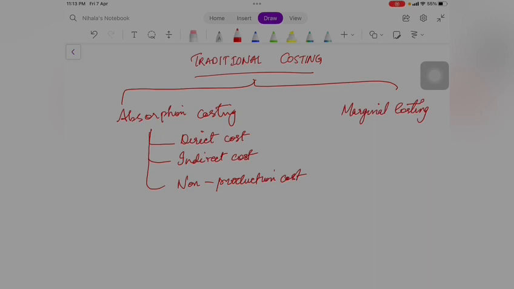This is basically the type of cost which you use to support your production. For example, the advertisement expenses, the delivery expenses you incur, or the administrative cost that is required to run the business. So these come under non-production cost.